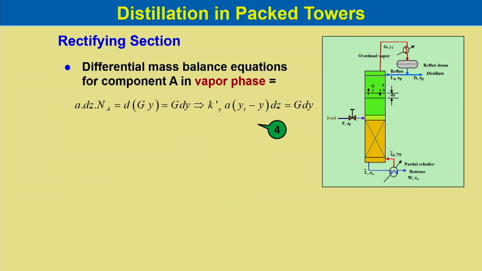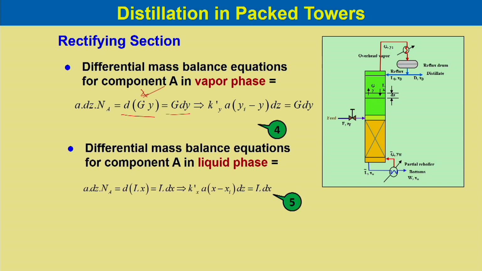Now, if we do the differential mass balance equation for component A in the vapor phase, we can write a into dz into NA would be equal to d(Gy), which is equal to G into dy, which is equal to Ky dash a into (yi minus y) into dz. Since G is constant, as we have considered constant molar overflow, we can write G into dy. Ky dash a is the individual mass transfer coefficient in the gas phase.